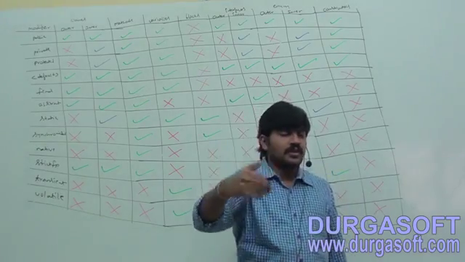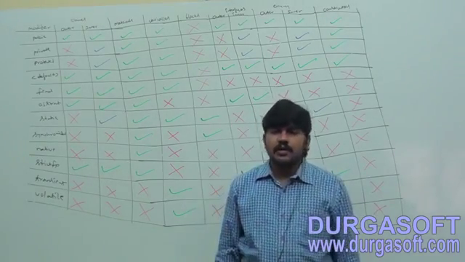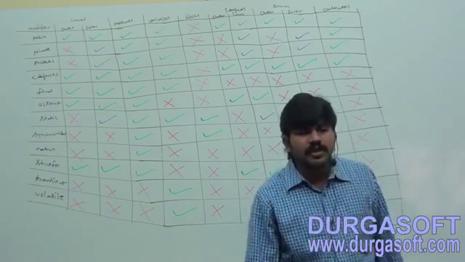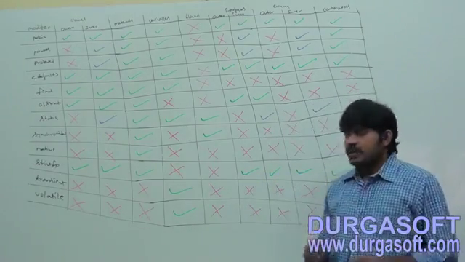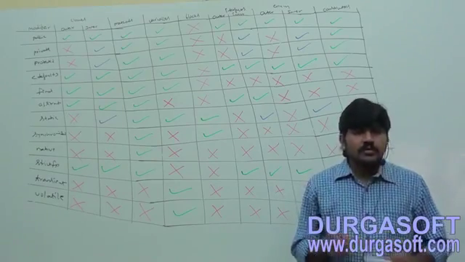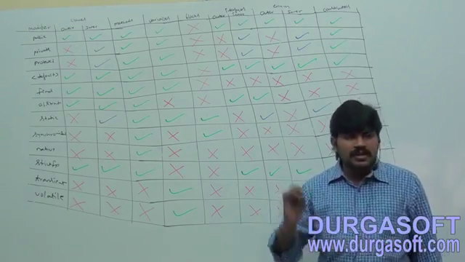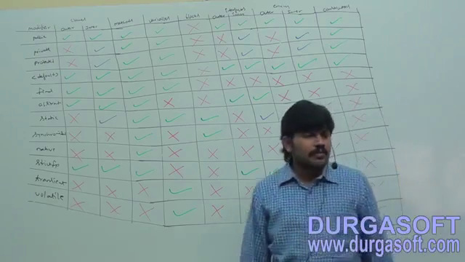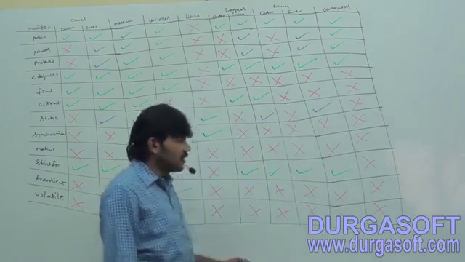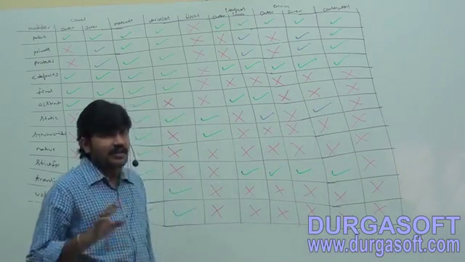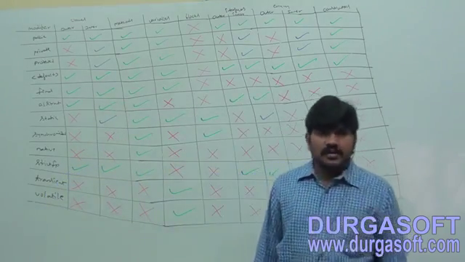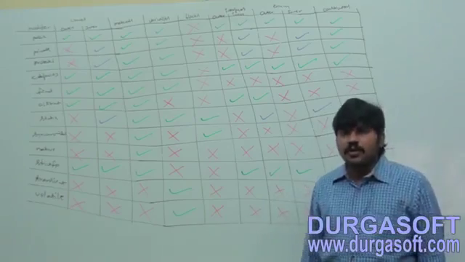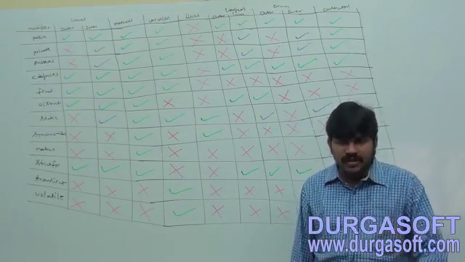Just below this table, add: the only applicable modifier for a local variable is final.